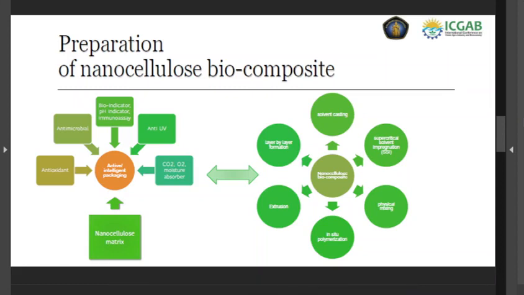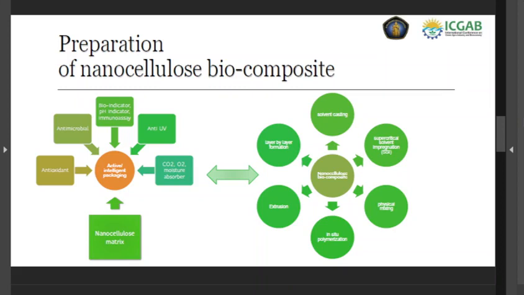To develop active and intelligent packaging, biocompounds are added such as antioxidant, antimicrobial, bioindicator, pH indicator or immunoassay, anti-UV, and absorber, gas absorber or emitter.